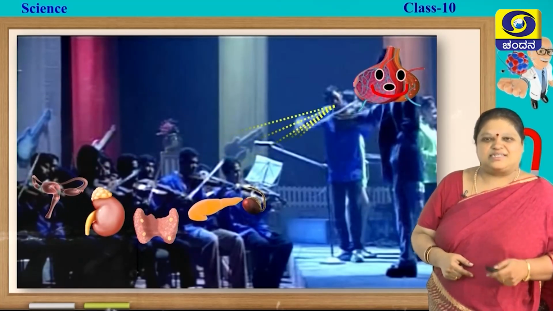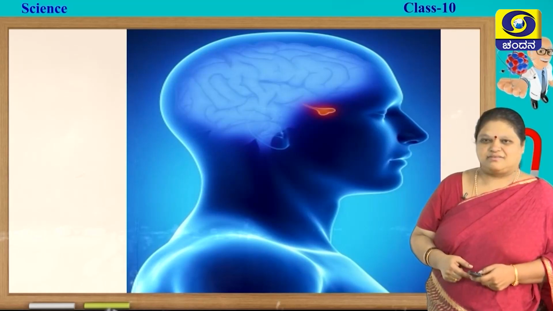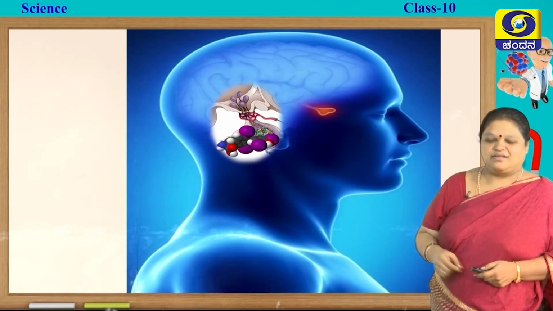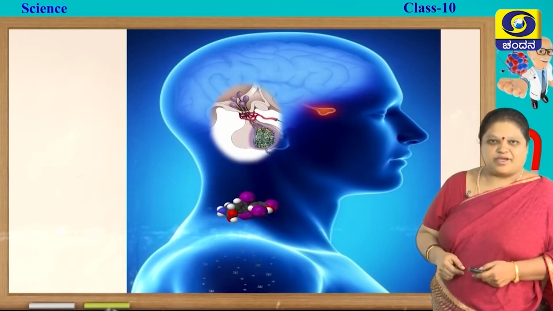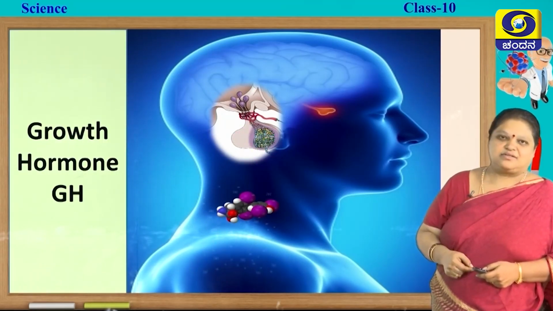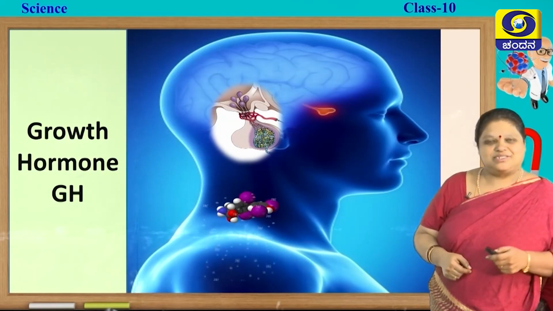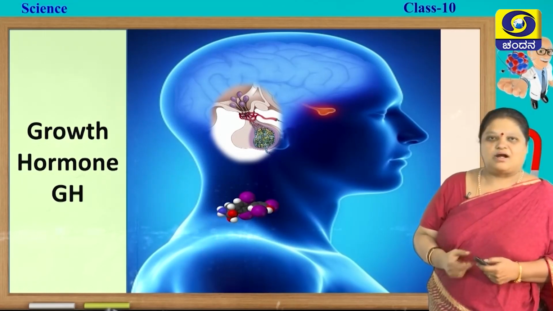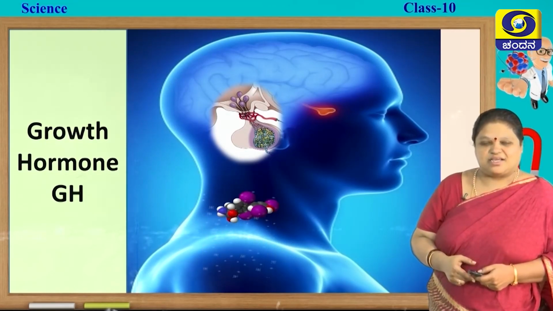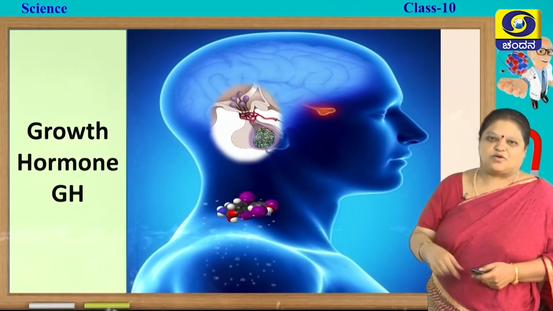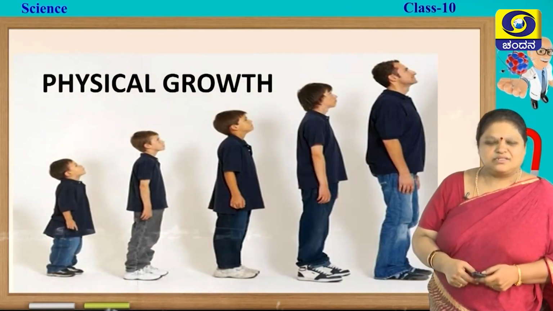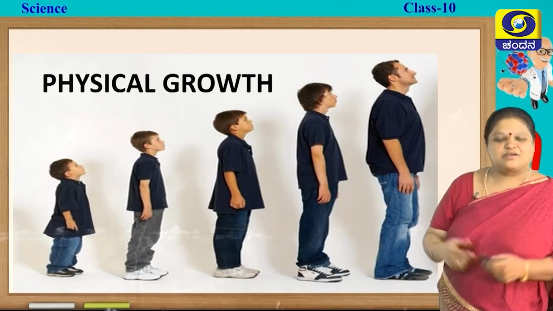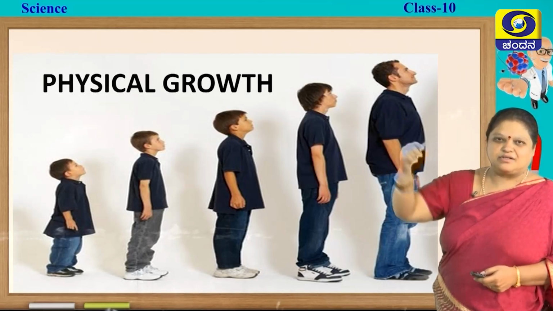Now, let us see what its functions are. The pituitary gland secretes hormones. One of them is called growth hormone, GH. It does not secrete only growth hormone, it secretes several hormones. Let us see the main function of growth hormone. As the name itself suggests, it helps in physical growth.